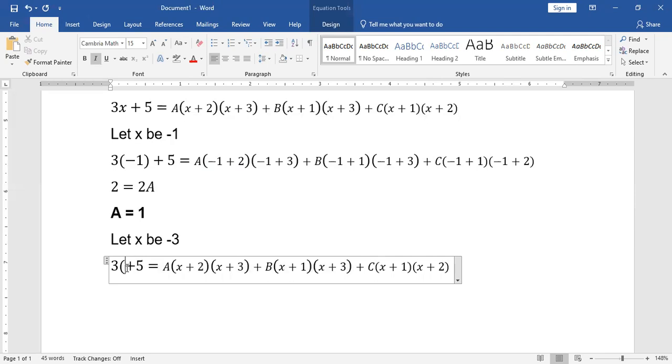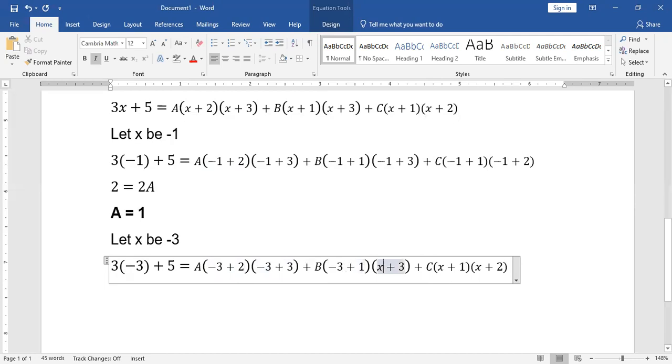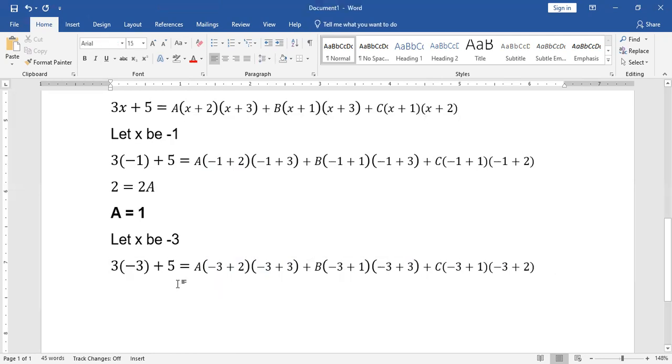There I put negative 3. Where there is x, I'm putting negative 3. Negative 3 there. Negative 3 here. And negative 3 there. Okay?